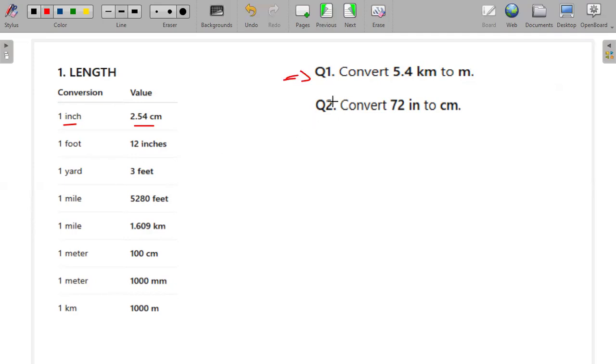So question 1, they're saying convert 5.4 kilometers to meters. So here I'm not going to use the metric system. I'm going to use dimensional analysis. So that will be 5.4 kilometers divided by 1, and then multiplied by, I put the conversion factor here.